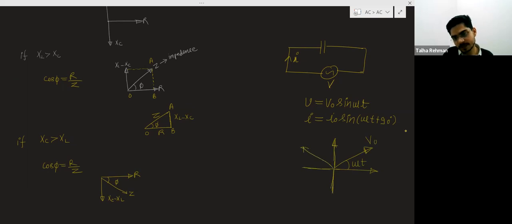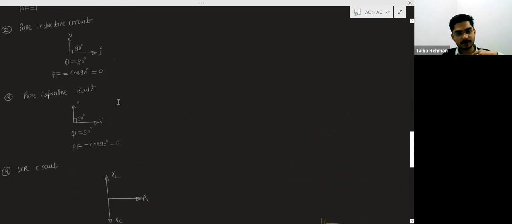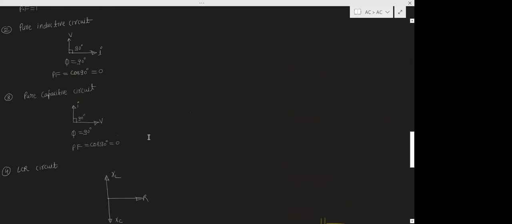So this will be the current I naught, and this angle will be 90 degree. So in a purely capacitive circuit, the current is leading by 90 degree. That is why here current is leading. Now got it, Matthew? Yeah, sir, understood now.